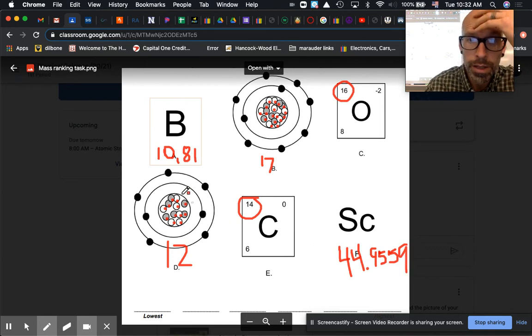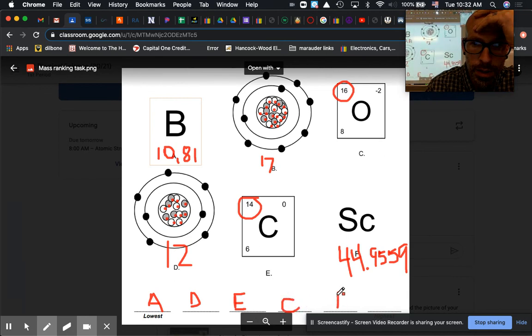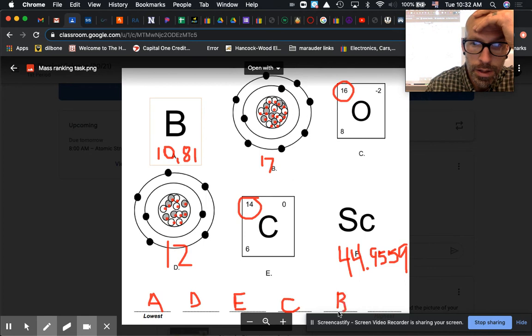So clearly now, A is the lowest. Then what? Let's see, D. Okay. And then let's see, E. And then C. B. And finally, F. Is that right?